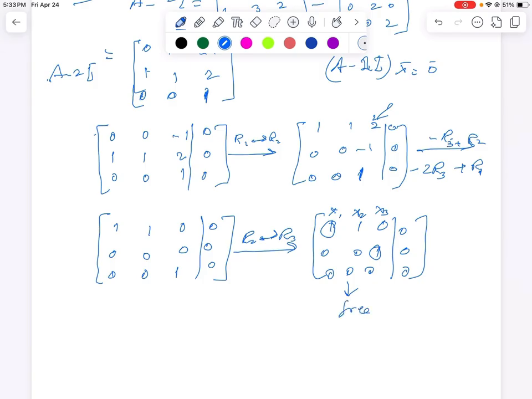So writing our equation from the first row, this was a pivot, there is a 1 here. Okay, so we have 1, 1, 0, the first row, which gives us x1 plus x2 equals 0.